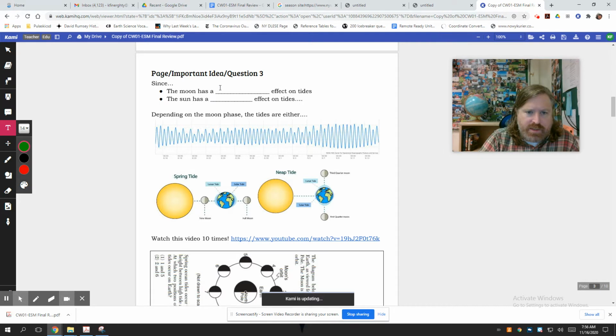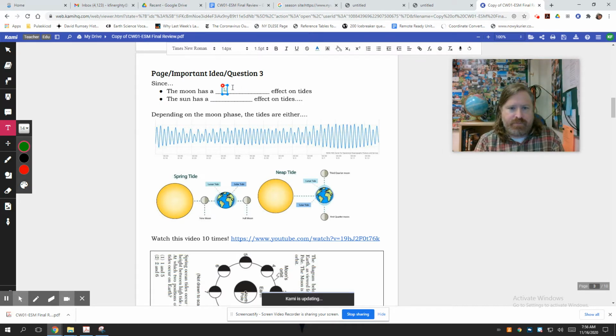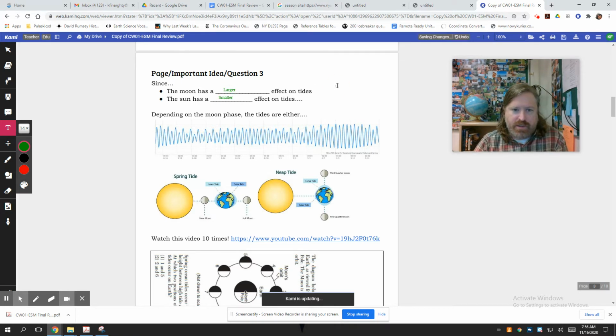All right. Since the moon has a larger effect on our tides, and the sun has a smaller effect on our tides, depending on the moon phases, the tides are either larger range or smaller range. You really want to avoid saying the tides are higher during this, because the high tides are higher, but the low tides are lower.